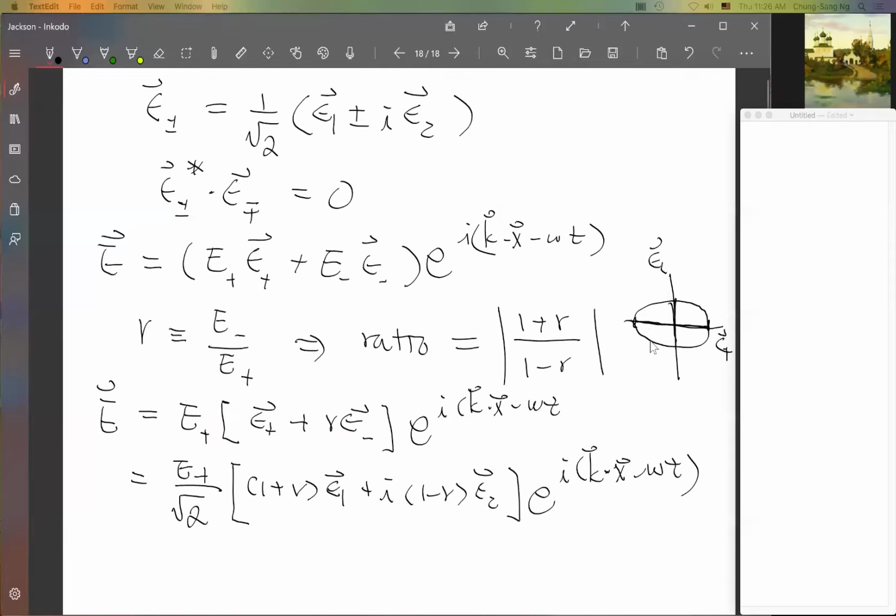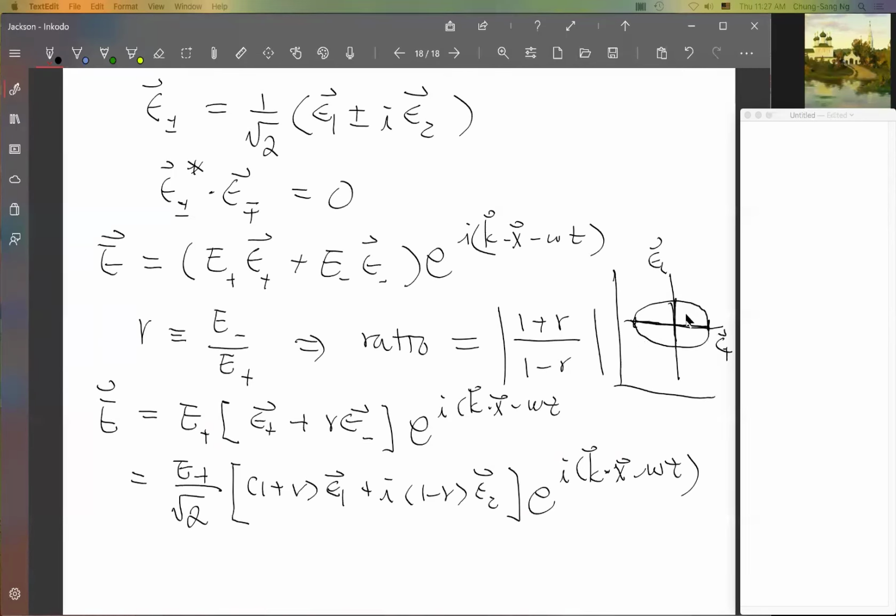We haven't talked about the fact that the ellipse is not necessarily along the epsilon 1, epsilon 2 axes; it can actually make an angle, and we'll talk about how you determine the angle next time.